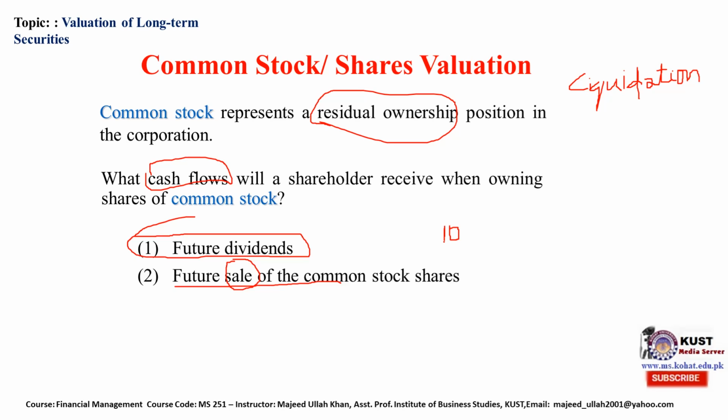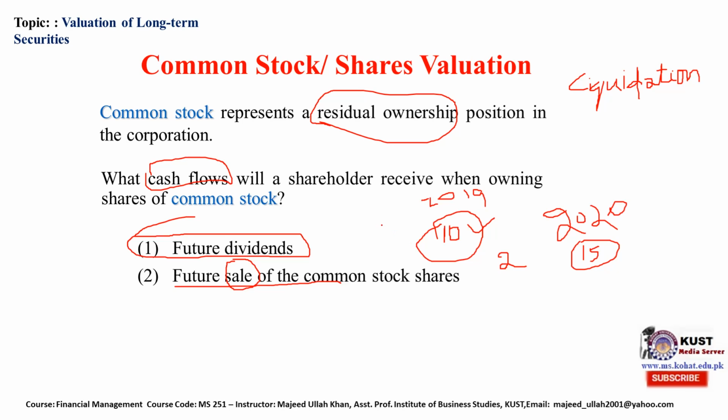But usually when people start investing in shares, they plan two things. Let's suppose you buy a share for 10 rupees in 2019, and at the start of 2020 you sell it for 15 rupees, and in the meanwhile the company declares a dividend of 2 rupees on this share.